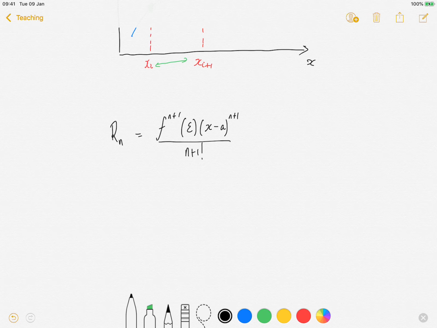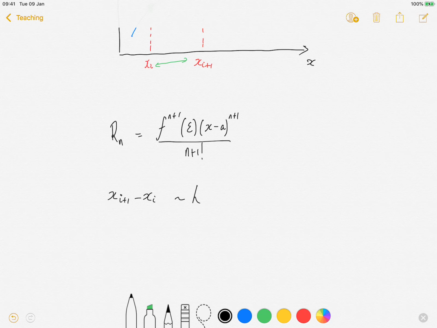However, despite this, we do know what our step size is. That is x of i plus 1 minus xi, which we can write as h. And we know how Rn, our error term, scales with our step size.